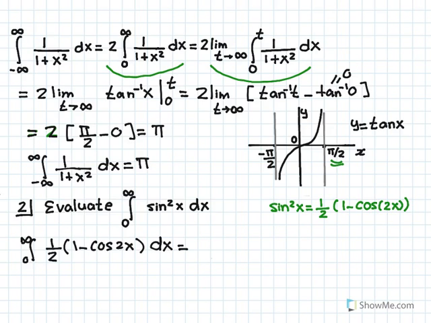Now 1/2 is a constant, so it passes right through the integral, and we get 1/2 times the limit as t goes to infinity of the integral from 0 to t of 1 minus cosine 2x dx.